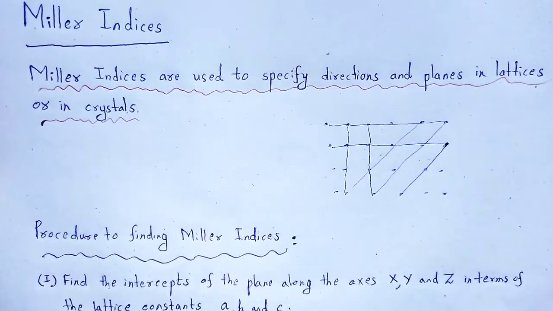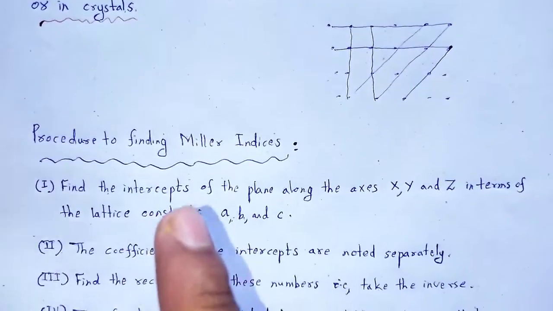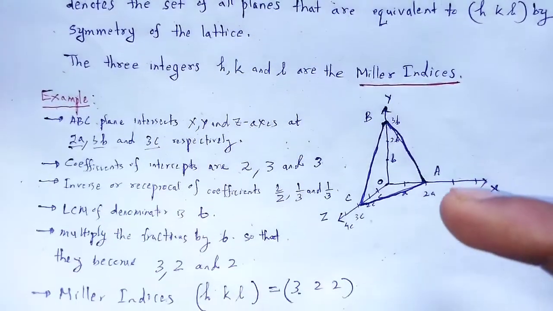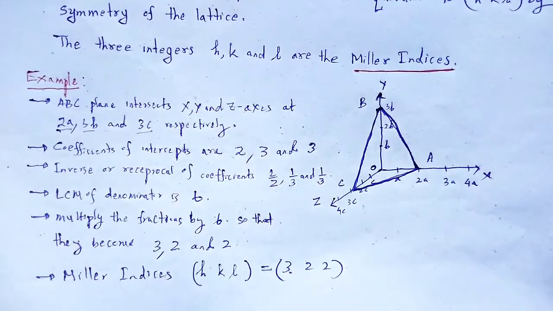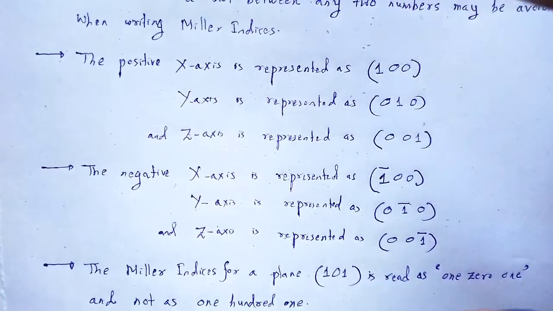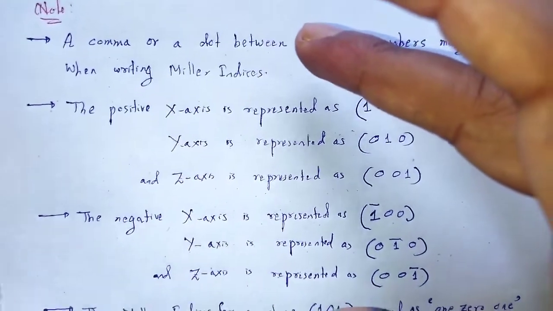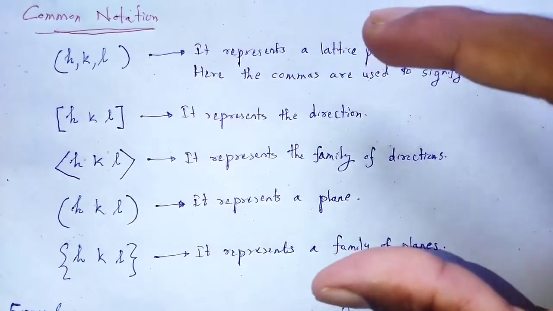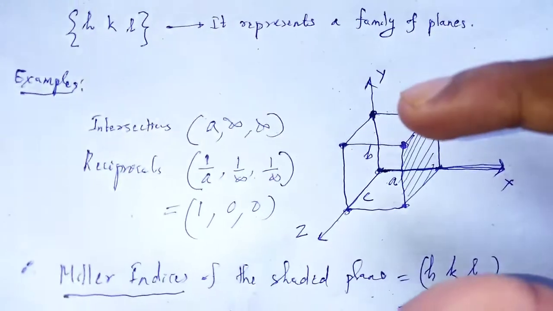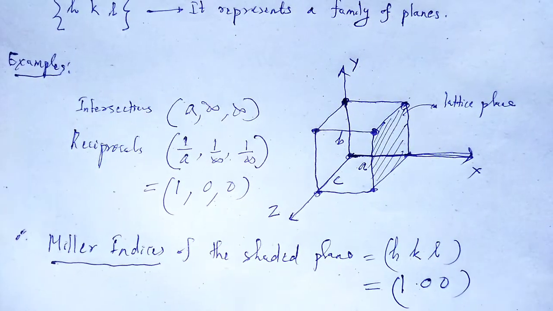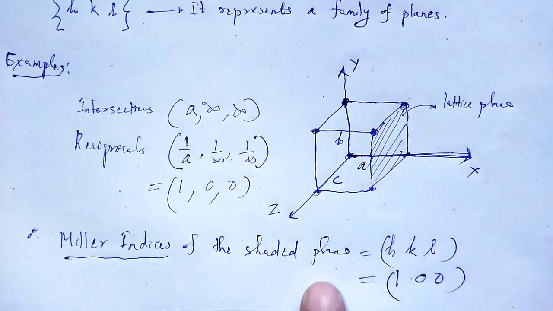So, with the help of this video lecture we understood the basic concept of Miller indices, the procedure to find Miller indices by taking an example, some basic points we have to remember in order to write Miller indices, some common notations basically used for writing Miller indices, and another example showing how we calculate Miller indices for a particular plane.